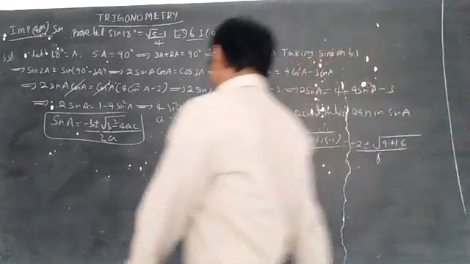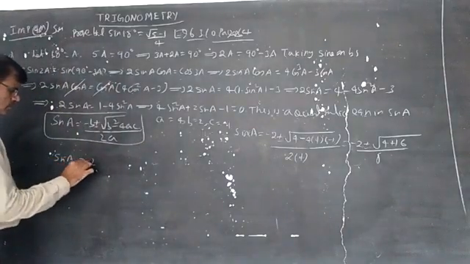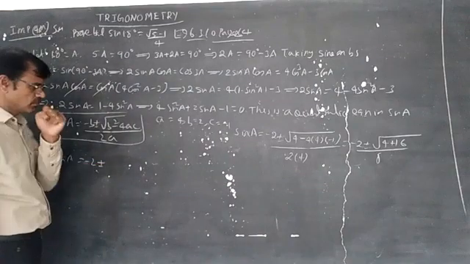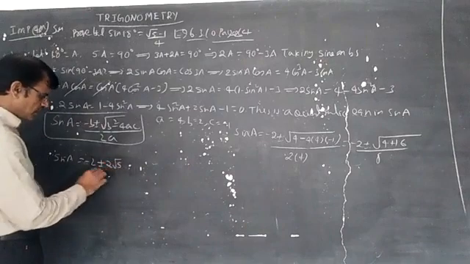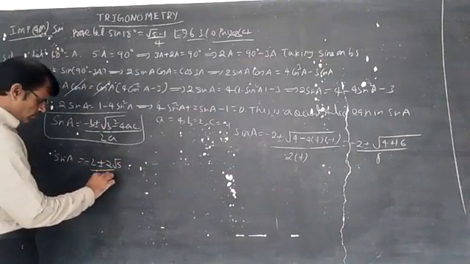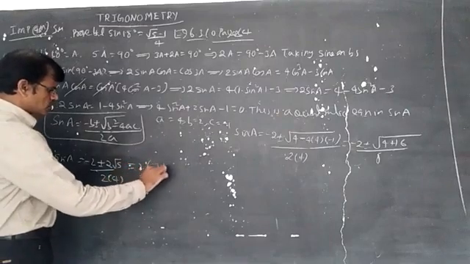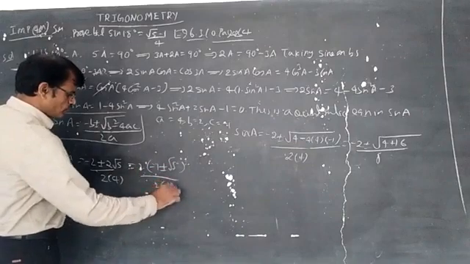So, sin A is equal to minus 2 plus or minus root of 20. 20 can be written as 2 root 5, whole by 2 into 4. 2 taken common, minus 1 plus or minus root 5 whole by 2 into 4.